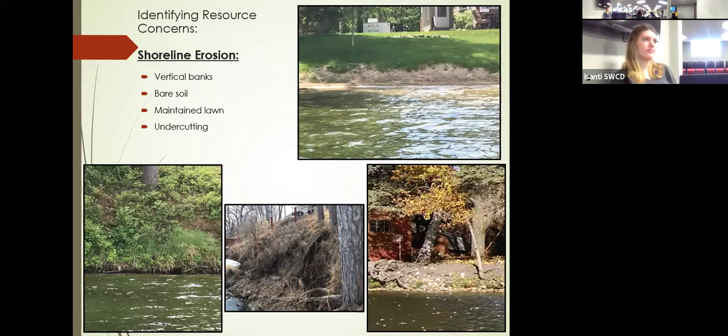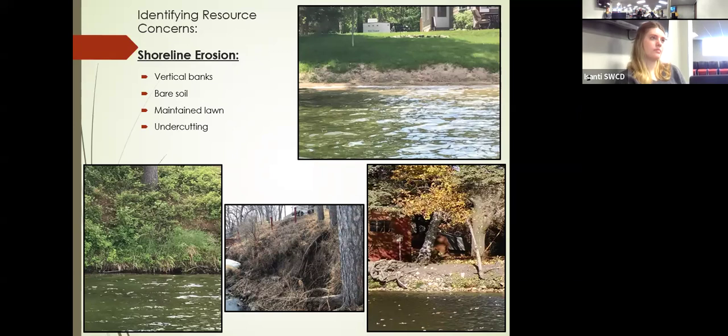So if you live on Green Lake on the south end and the wind is coming from the north, you're going to get much bigger waves because it's going all the way across the lake, where something like Long Lake is skinnier, so you're not going to get as much momentum of that wave action. And that can cause significant erosion at the shoreline.